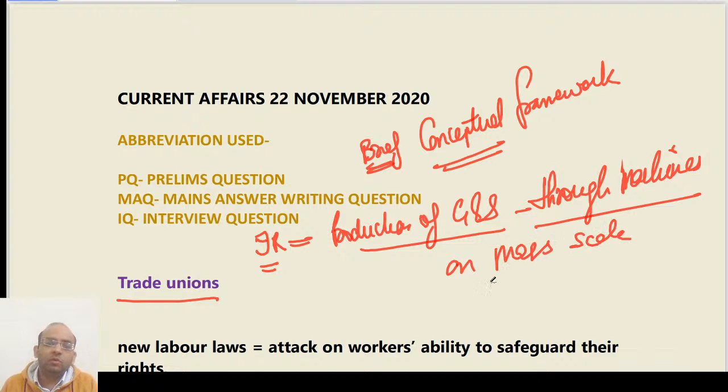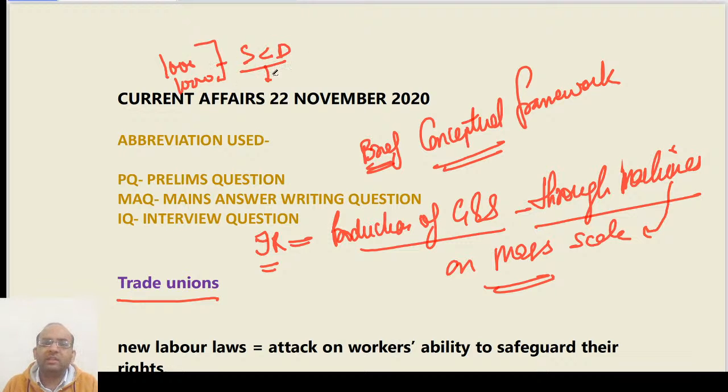Earlier, by the use of hands, we were producing the goods, the clothes, the pots, the craft, etc. All are produced by using hands. But now through machines we can produce these products on mass scale. Earlier mass scale was not possible. Suppose earlier we could produce clothes maybe 1000 units, 10,000 units, etc. So basically supply was always lesser than demand, so that is why these products were a little expensive also.